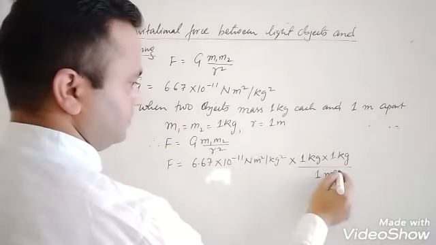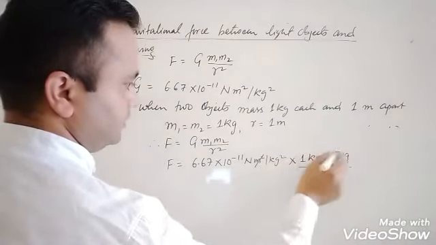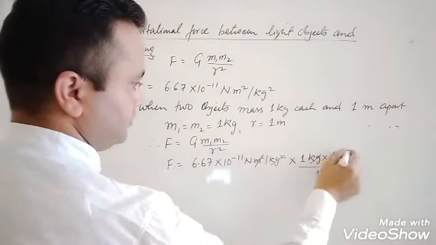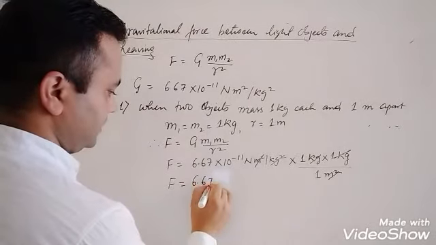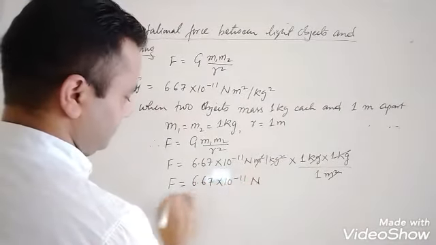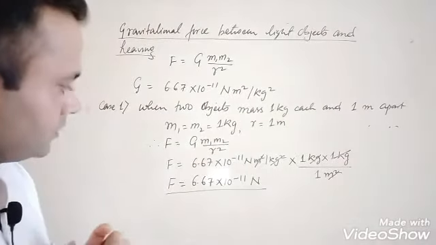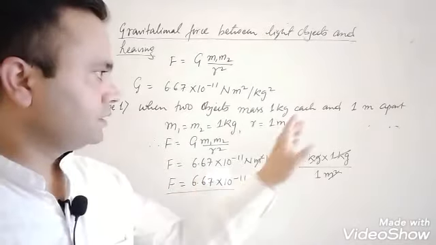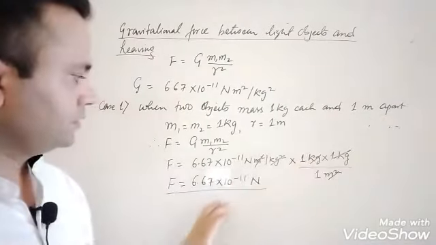Now cancel meter square and kg square, so F equals 6.67 into 10 to the power minus 11 Newton. This is the force when the two masses are equal and 1 meter apart. So this is case 1.